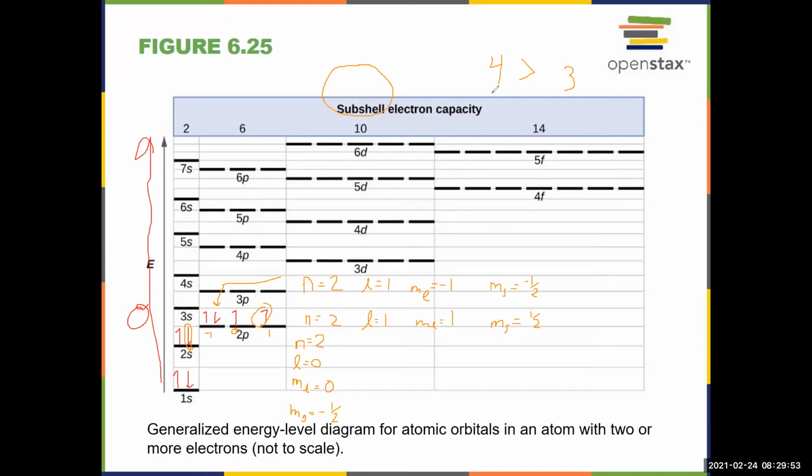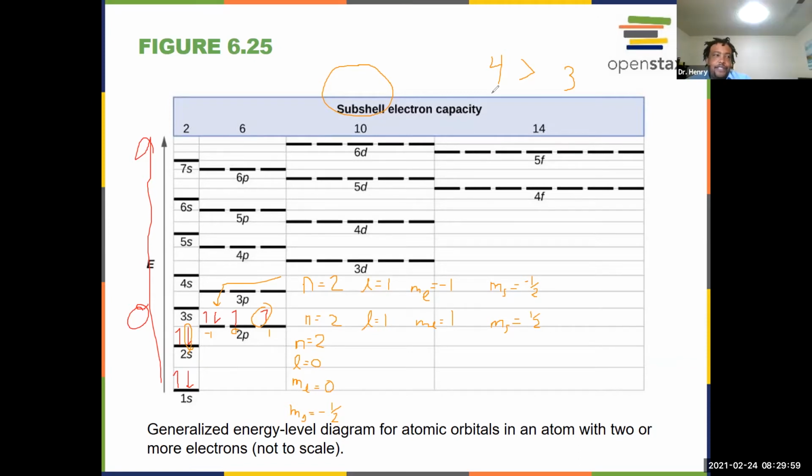So you take from the highest level first when you're making ions. Do you kind of get that? Yeah.